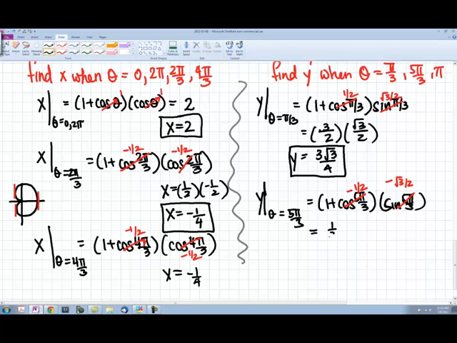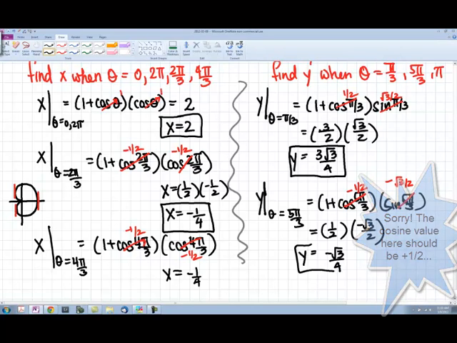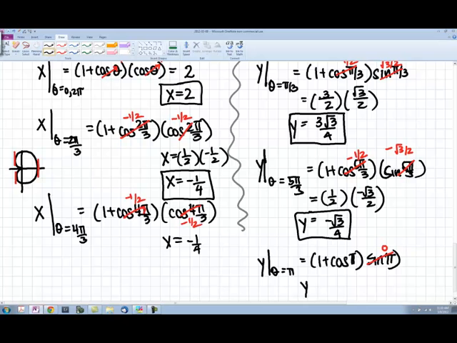So I'll have 1/2 times a negative radical 3 over 2, so my equation is y equals negative radical 3 over 4. And my last one, when theta equals pi, I have 1 plus cosine pi times sine pi, and sine of pi is 0, so I just have y equals 0.